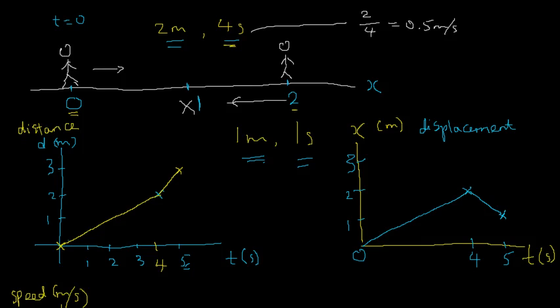And on his way back from 2 to 1, in 1 second, he walked 1 meter. So during this time, his speed is just 1 meter per second.